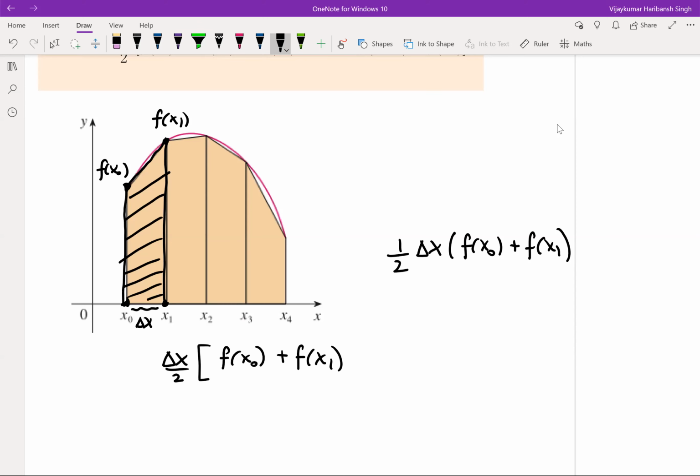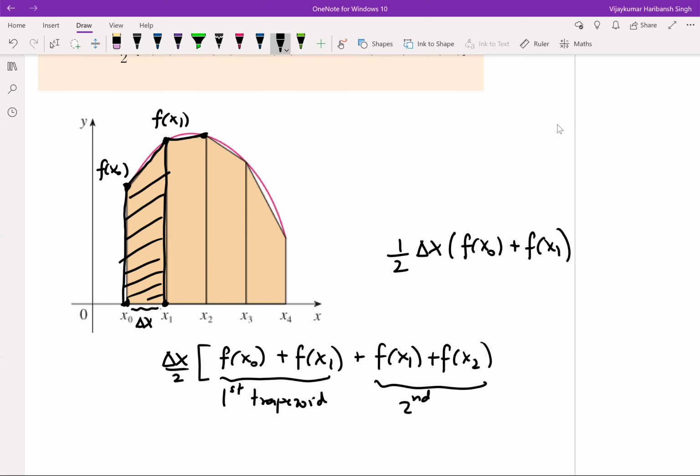For the second trapezoid, what will you get? You will get f of x1 plus f of x2, and so on and so forth. For the last trapezoid, you will get f of xn minus 1 plus f of xn.